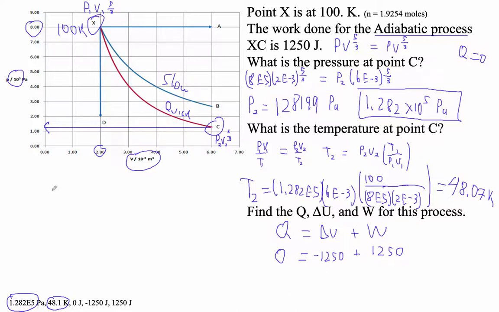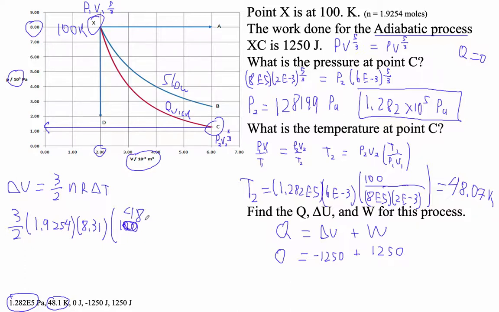Now, we ought to be able to confirm that. Change in U is 3/2 N R change in temperature. So let's see if that works. 3/2, N is 1.9254, R is 8.31. Change in temperature is 48.07 minus 100. Final minus initial is always your change.